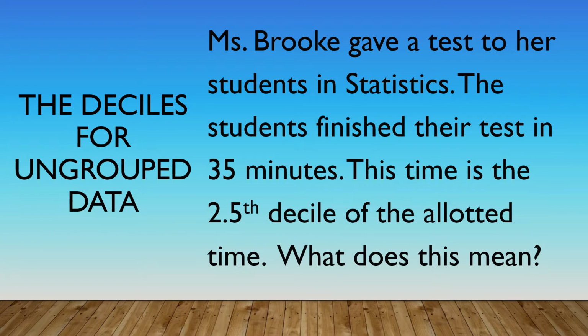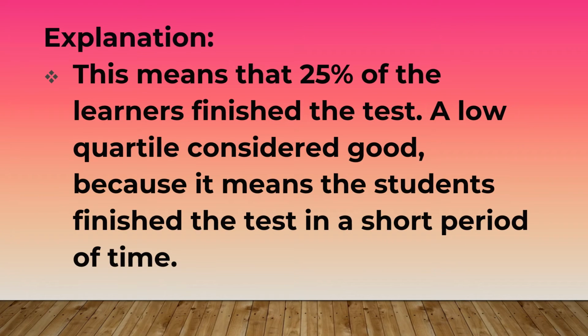This time is the 2.5th decile of the allotted time. What does this mean? This means that 25% of the learners finished the test. A low quartile considered good because it means that the students finished the test in a short period of time.